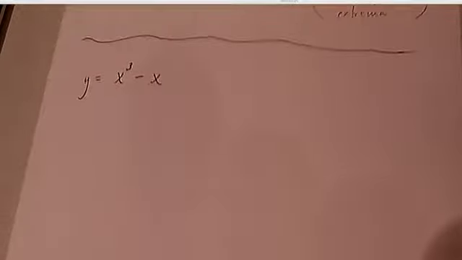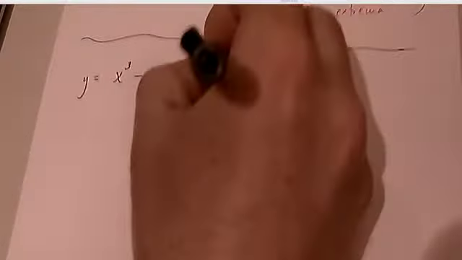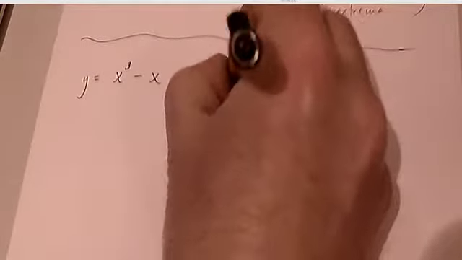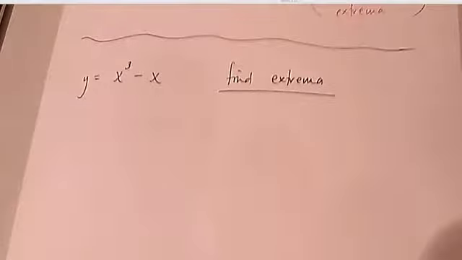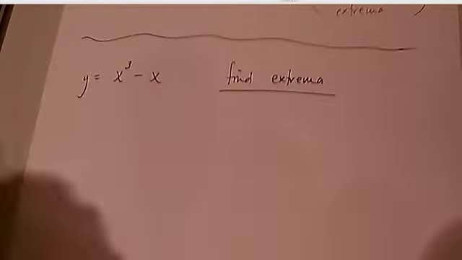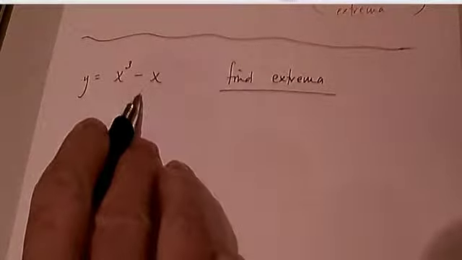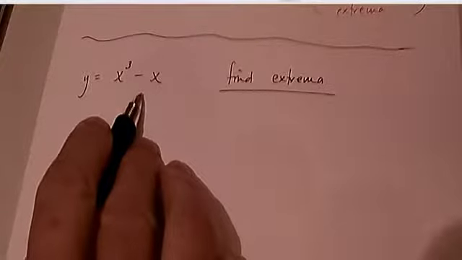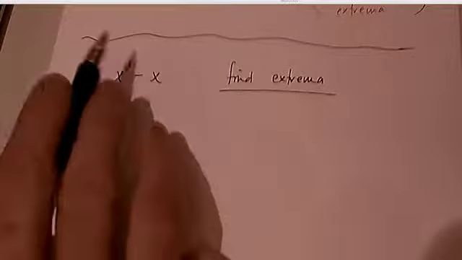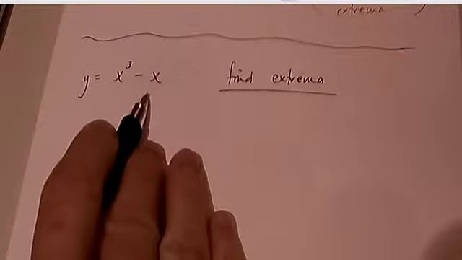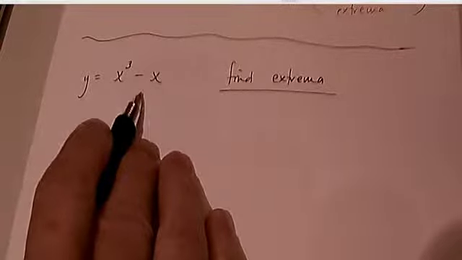Now, if I have y is equal to x cubed minus x, okay, and I want to find the extrema. Well, I happen to know something I learned back in Algebra 2. Since that's a polynomial function, it is continuous on its whole domain, but it's also differentiable on its whole domain.